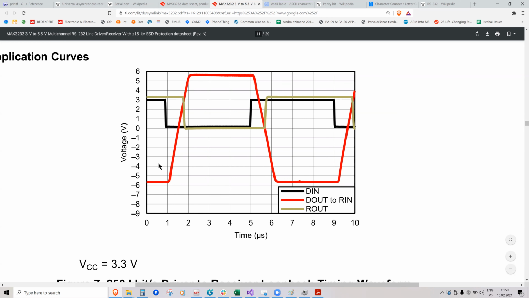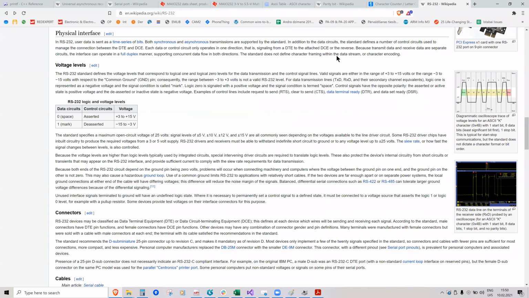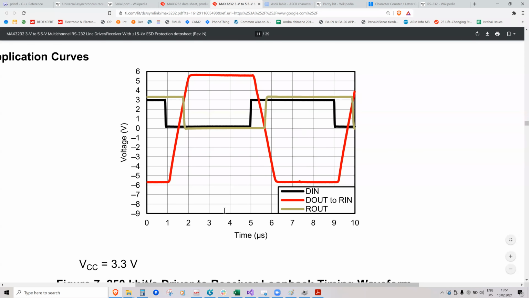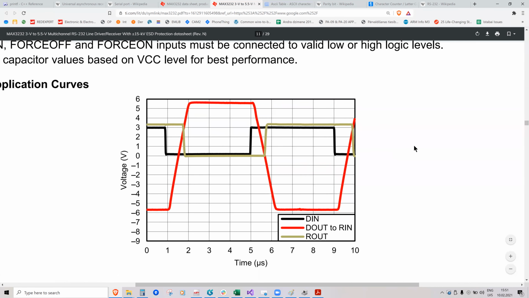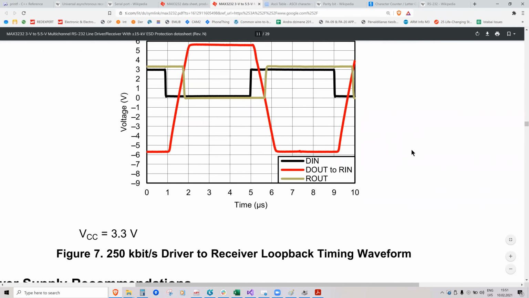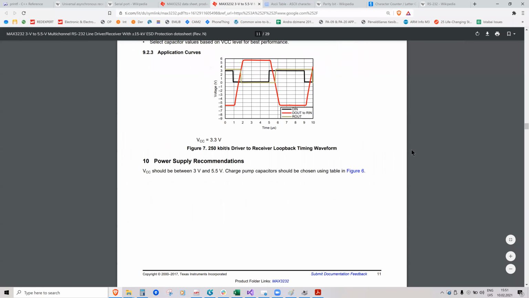So this generates something less than -3 volts, almost -6 volts, and something over 3 volts, almost +6 volts. So this thing sends the signal this way. You definitely cannot connect its output directly to a microcontroller. You need to connect it at the other end to the same chip so that it converts back to microcontroller levels.